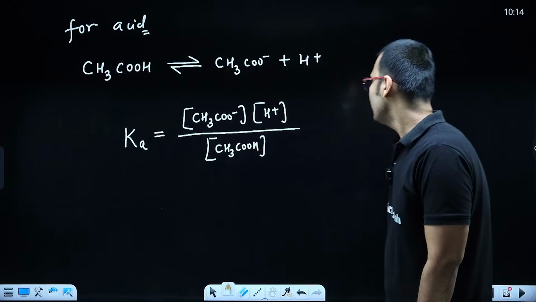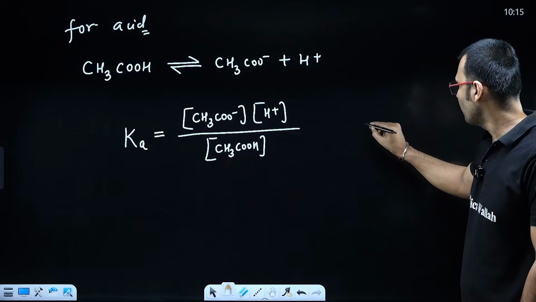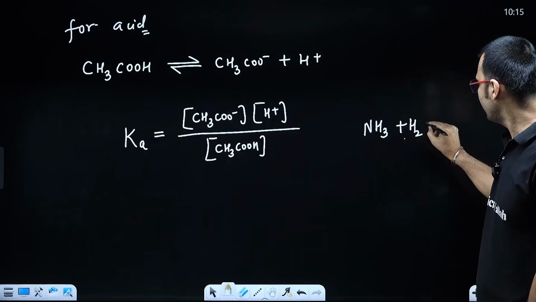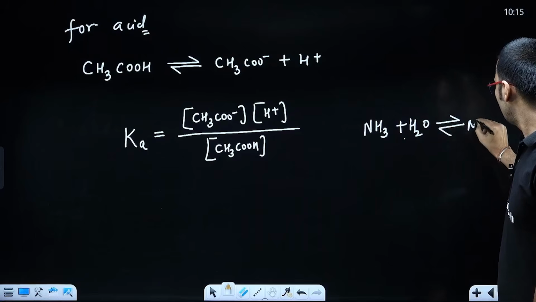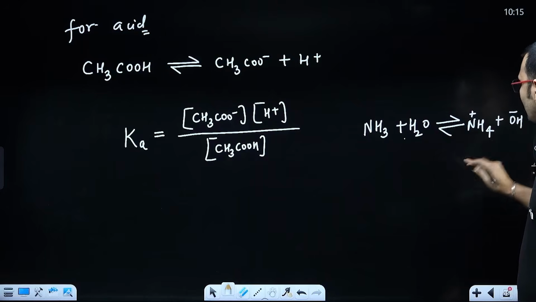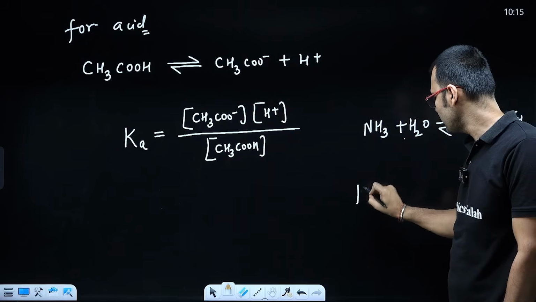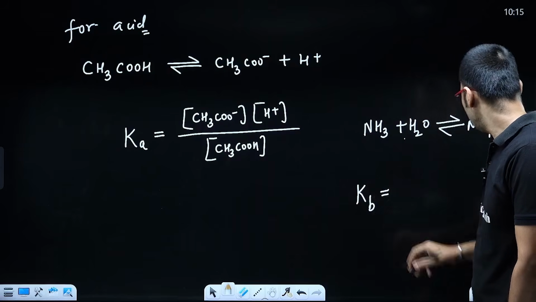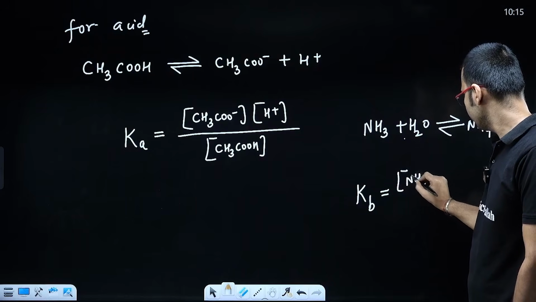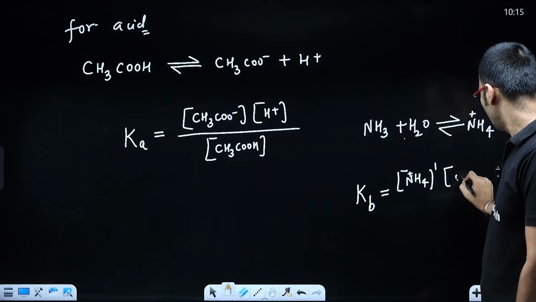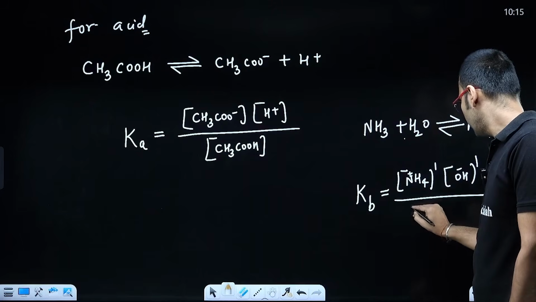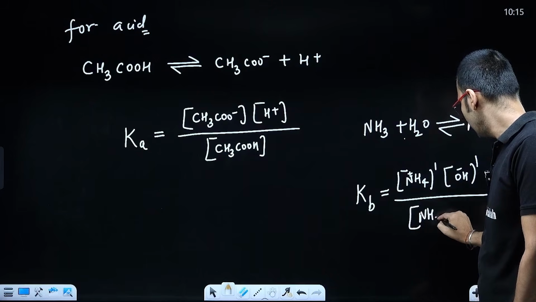Similarly, if you take a weak base, suppose I am taking ammonia. When you dissolve NH3 in water, it ionizes to give NH4 plus ion and OH minus ion. Because NH3 is a base, its dissociation constant will be Kb. Kb will be the concentration of ammonium ion power 1 and OH minus ion power 1, divided by the concentration of the reactant NH3 power 1.